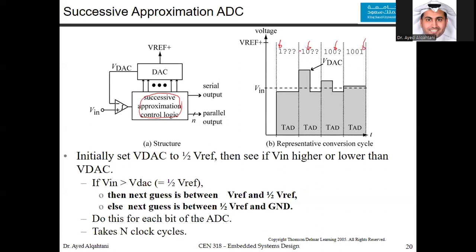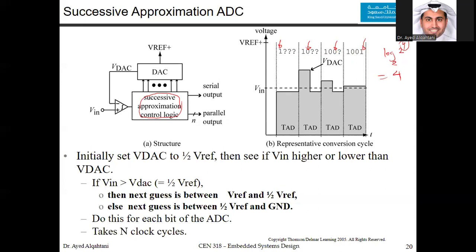You can see we have only 4 steps, which is log base 2 of 2 to the power of 4, and this value is actually 4, compared to 16 in the counter ramp. So the successive approximation is more efficient.